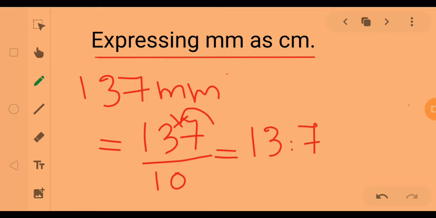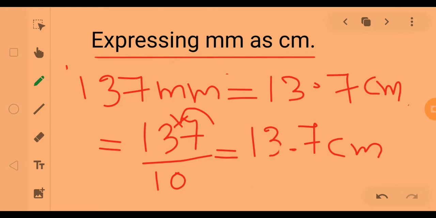This 13.7 is in centimeter, so 13.7 centimeters. So finally you can write 137 millimeter is equal to 13.7 centimeter. Okay, I hope you understood.